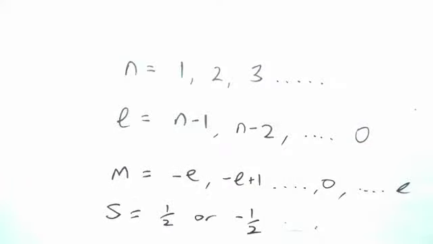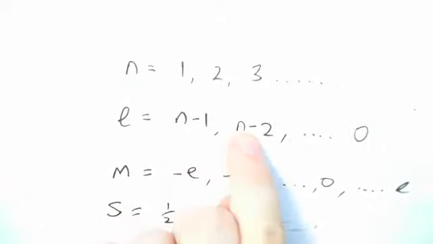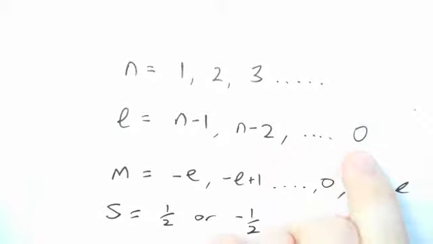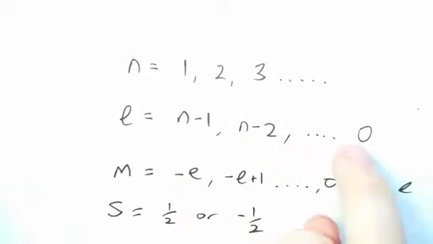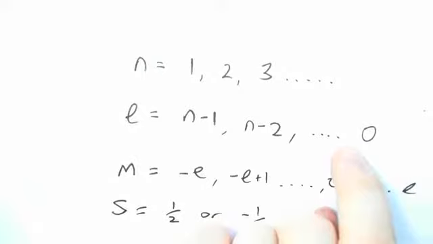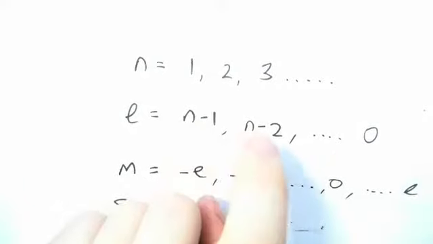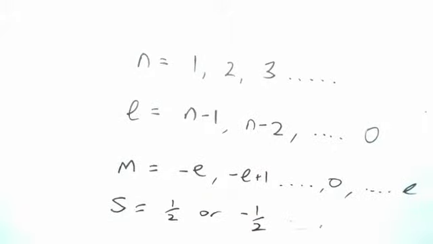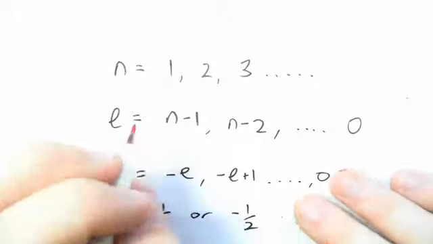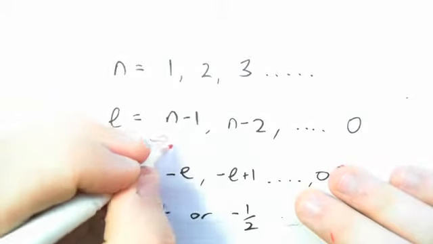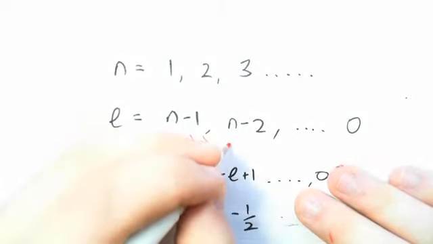But for example, in n equals 3, 3 minus 1 is 2, 3 minus 2 is 1, and 3 minus 3 is 0. So you've got 2, 1, and 0, which corresponds to your D, P, and S orbitals. So L is like orbital type.